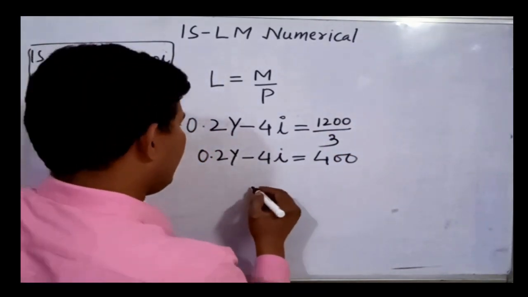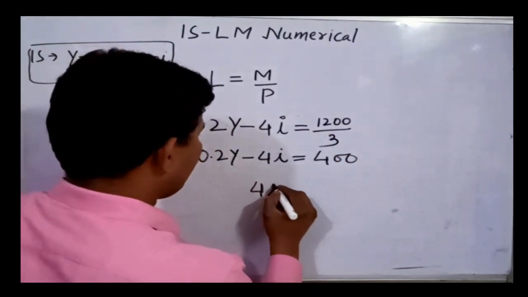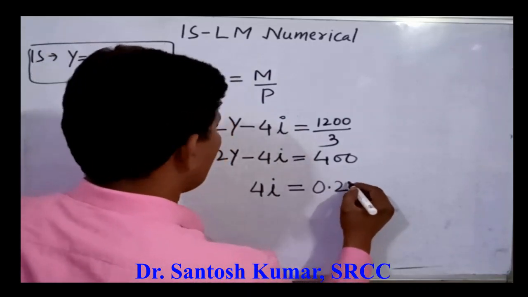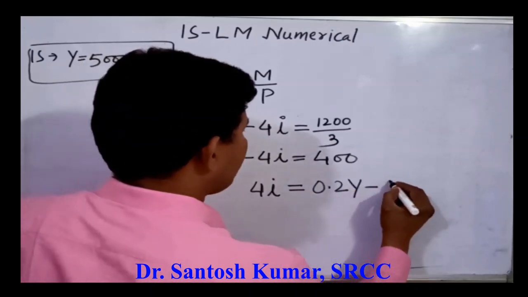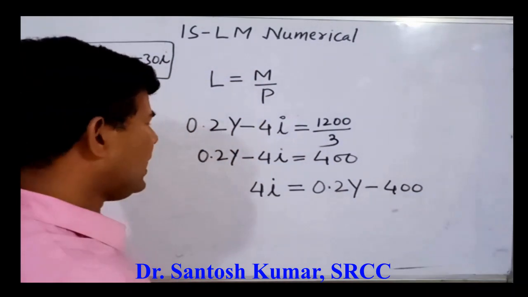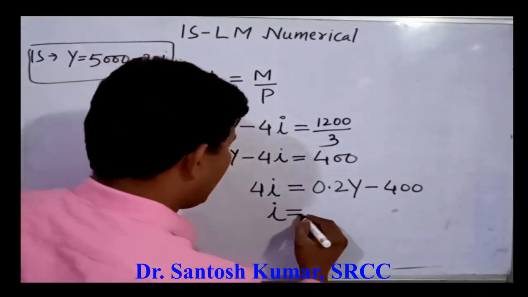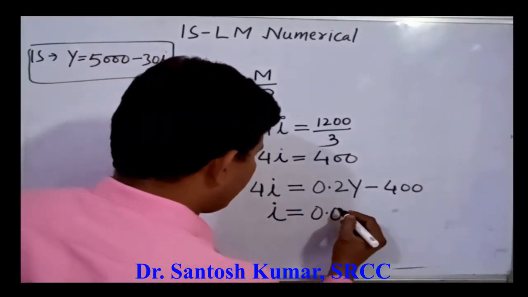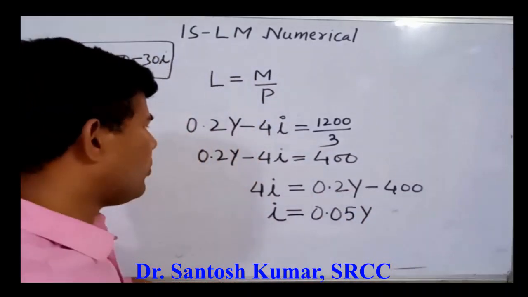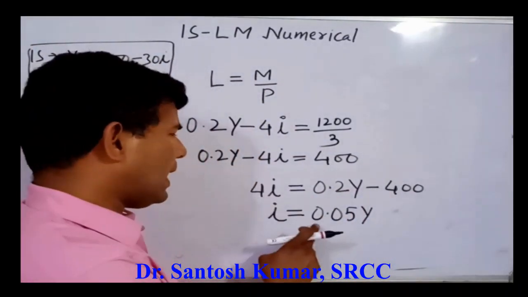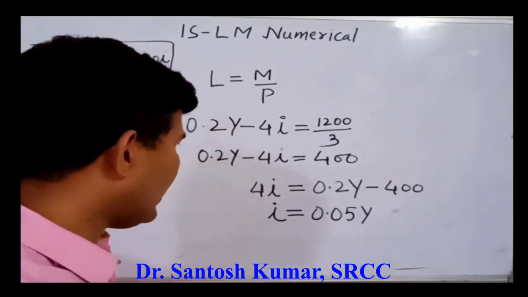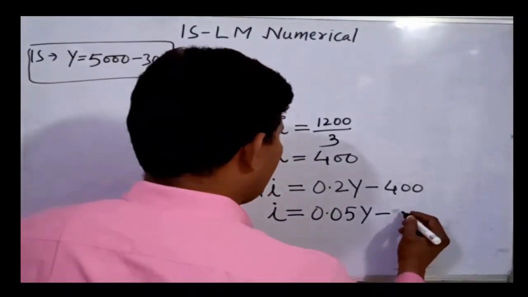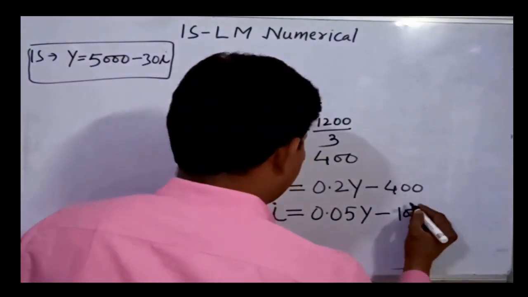Now if I try to find out, I can write it here: 4I is equal to 0.2Y minus 400, right? Or I can write I is equal to, if I divide 0.2 by 4, I get 0.05Y, minus, if I divide 400 by 4, then we get 100, right?